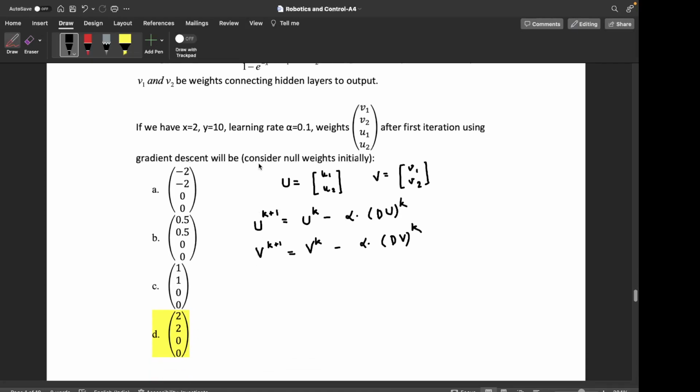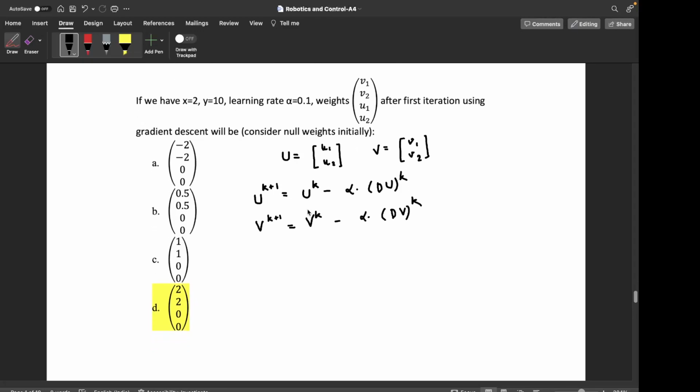So since the initial conditions we have to consider as null, all these four values would be 0, right?